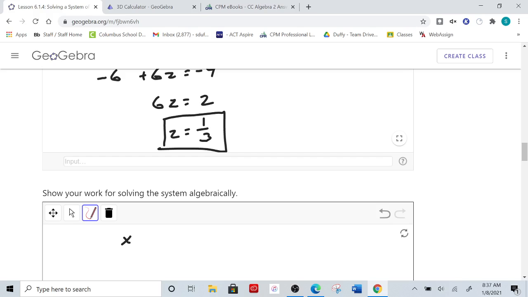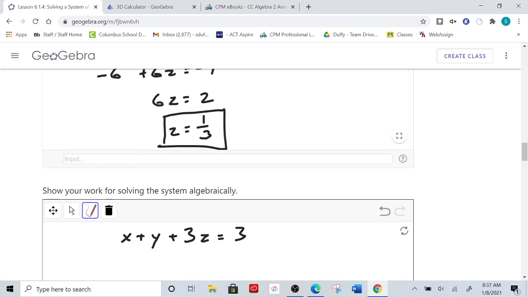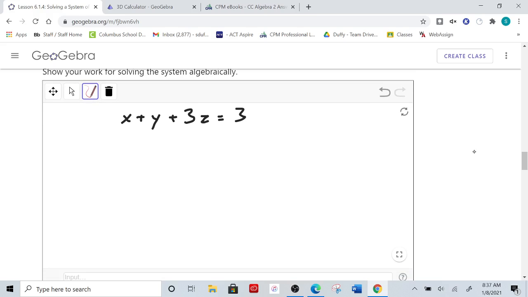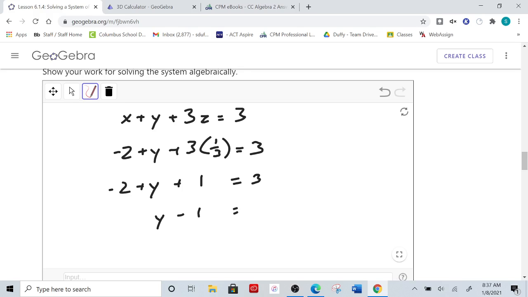So into the equation x plus y plus 3z equals 3, I'm plugging -2 and 1/3. And I get a value of 4.